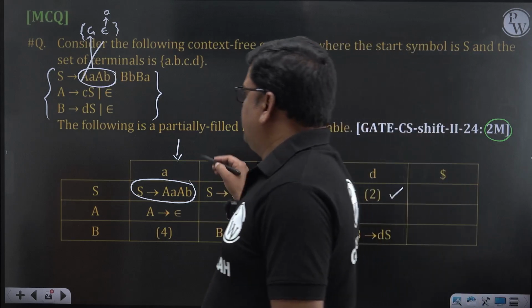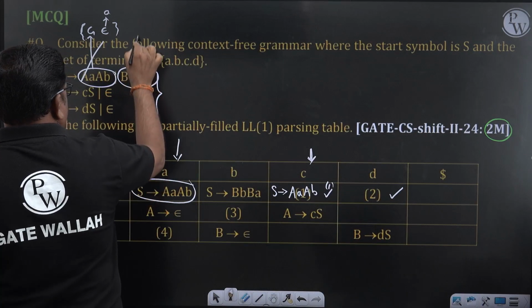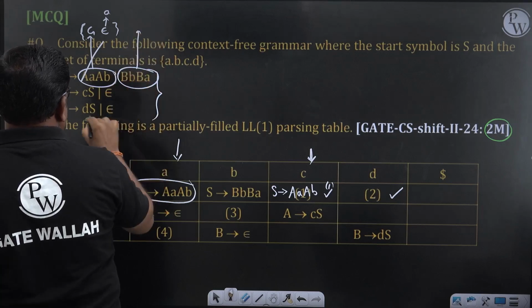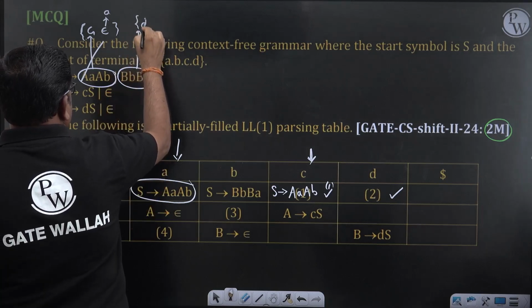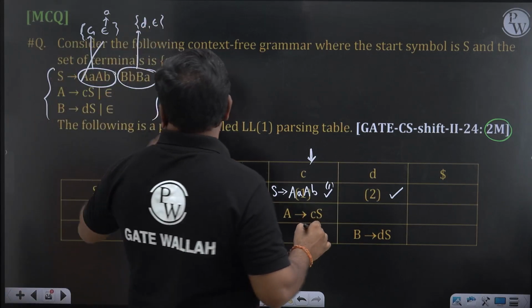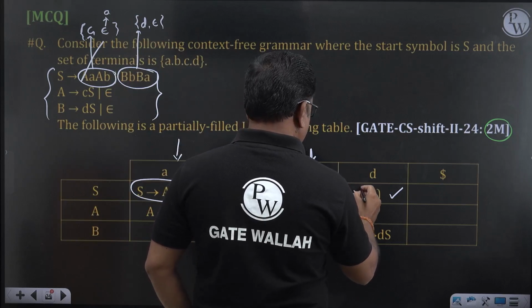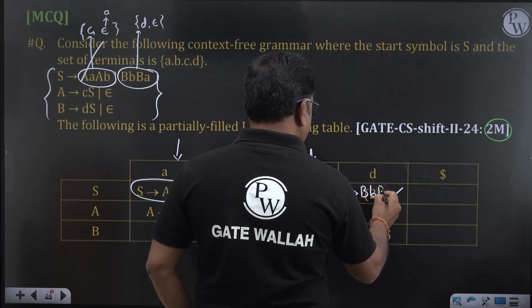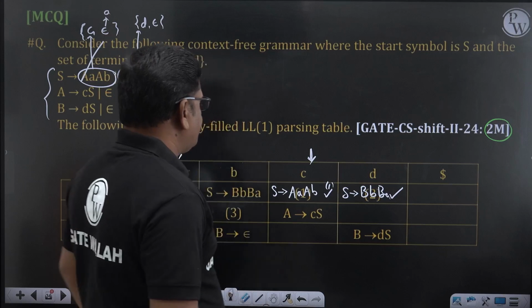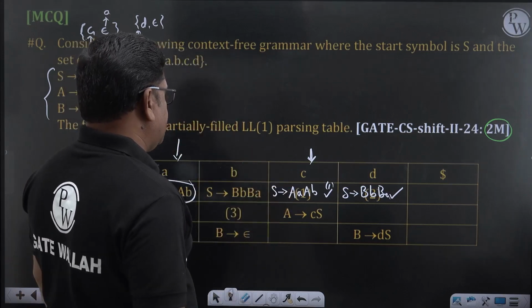Similarly, if you want to know where to place the second production, same thing: calculate the first of this, that is first of B, D, epsilon. So, in the place of D, this production we have to write. So, S gives BA, that is our rule number 2, right.